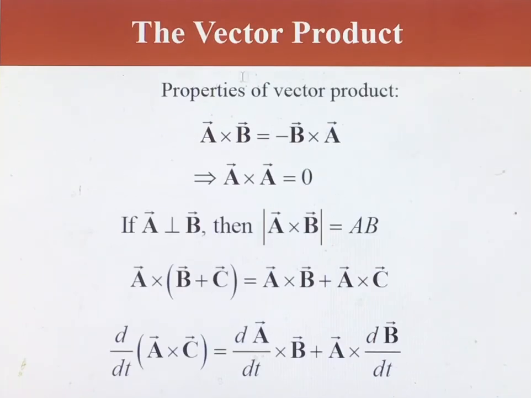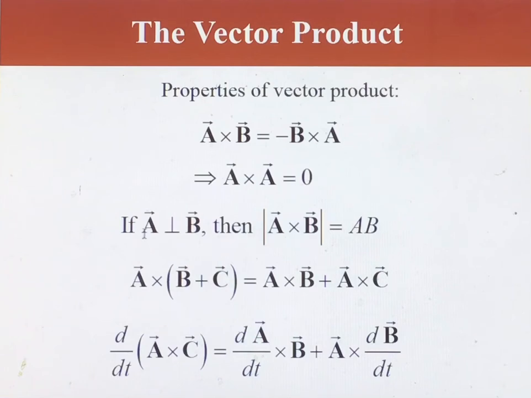All right. So these are some properties of vector products. Generally, A cross B is equal to negative B cross A. So give me any two vectors, vector A and vector B, then A cross B is equal to negative B cross A. Now, if you take the cross of a vector and itself, for example A cross A, then you get 0.